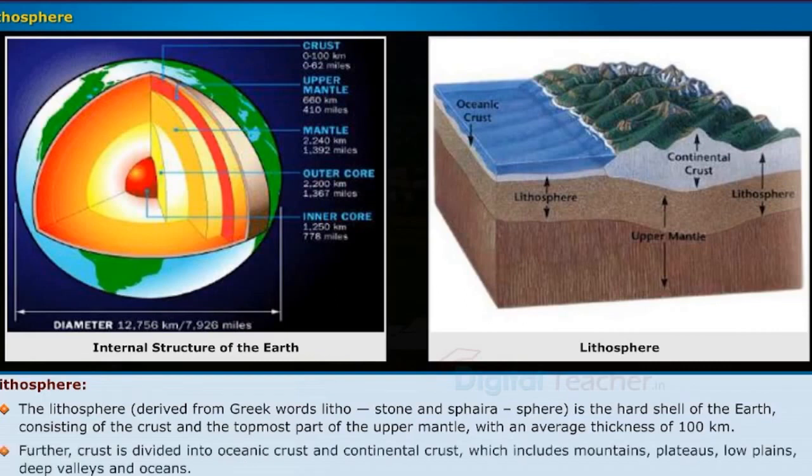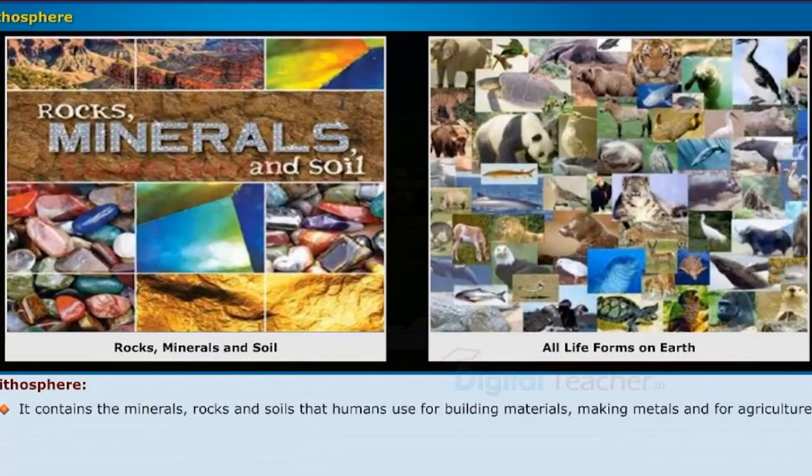Further, crust is divided into oceanic crust and continental crust, which includes mountains, plateaus, low plains, deep valleys, and oceans. It contains the minerals, rocks, and soils that humans use for building materials, making metals, and for agriculture.